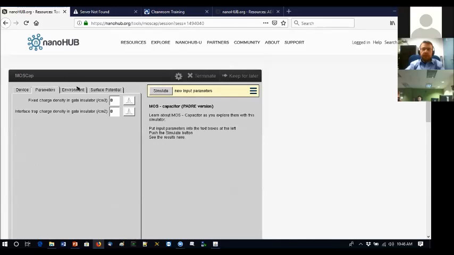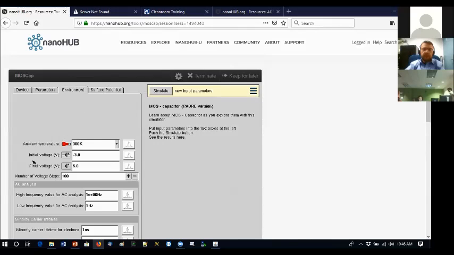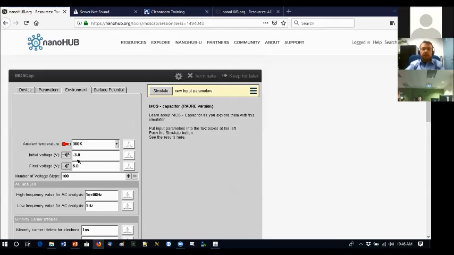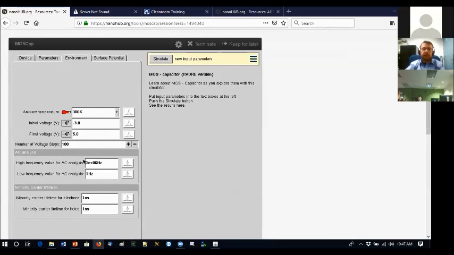I don't think I have to change anything here. So we're sweeping the voltage from the metal, where I apply ground to the semiconductor, from minus 3 to 5 volts. Let's look at the response. We have an AC voltage also associated.